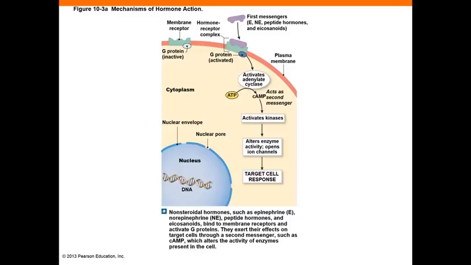This enzyme complex activates adenylate cyclase, which converts ATP to a second messenger, cyclic AMP or cAMP. cAMP activates kinase enzymes inside the cell, which phosphorylate another molecule and produces an amplification of the signal.